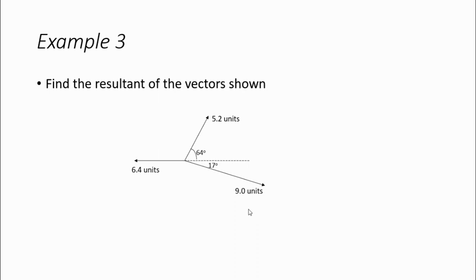Find the resultant of the vectors shown. We have three vectors here. 5.2 units at 64 degrees to this direction that we can call x, 9 units at 17 degrees to that same direction, and 6.4 units opposite to that reference line.